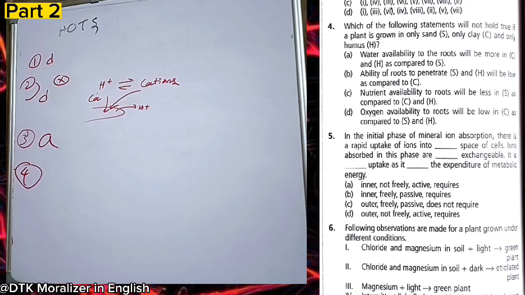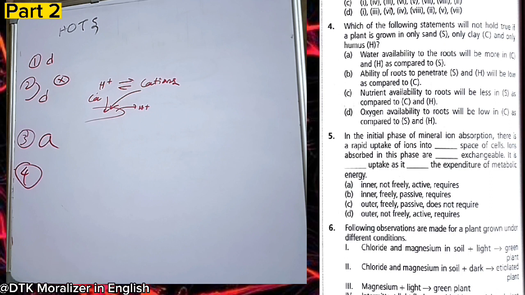Now we are going to question number 4. Which of the following statements will not hold true if a plant is grown in only sand, only clay, and only humus? Water availability to the roots will be more in clay and humus as compared to sand. Ability of roots to penetrate sand and humus will be low as compared to clay.